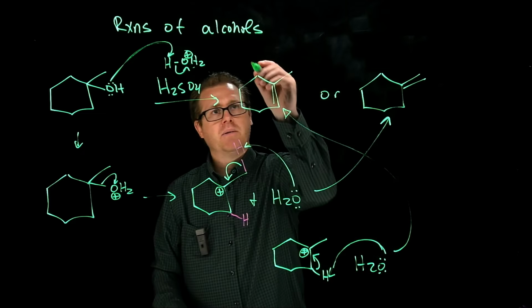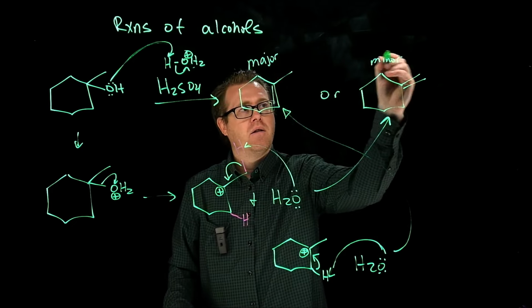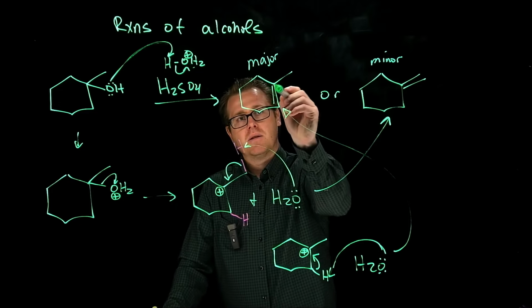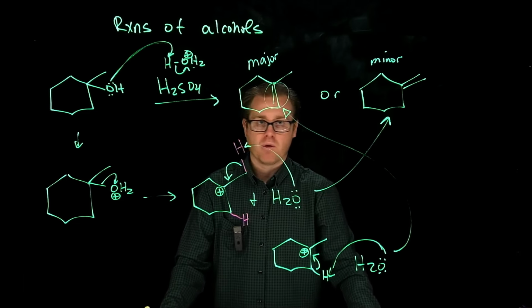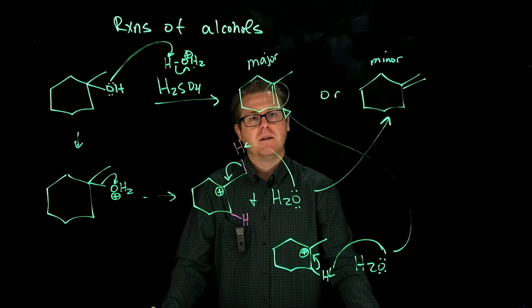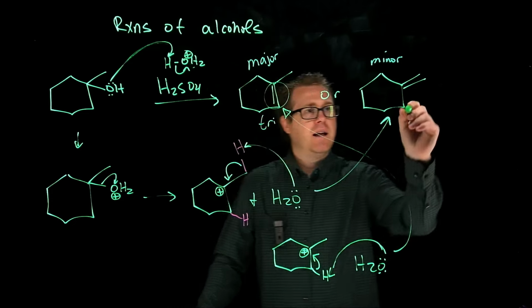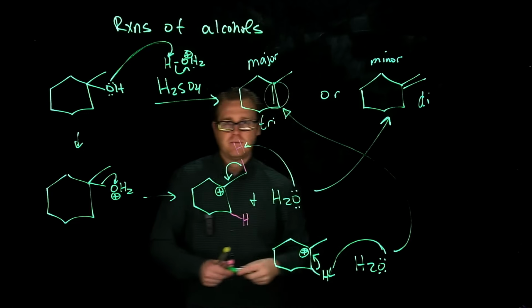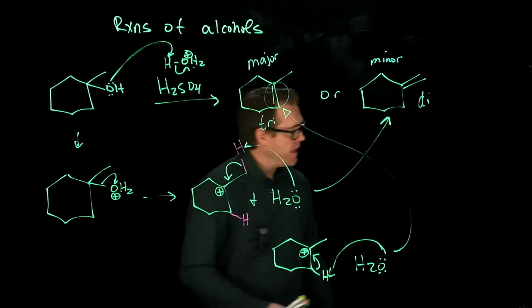Well, this one is going to be our major, and this would be our minor. And the rationale behind that is this alkene right here is more substituted, more stable, more favorable. Okay? So this one is what? A tri-substituted alkene, and this is a di-substituted alkene. Okay, so pay attention and be careful of that.